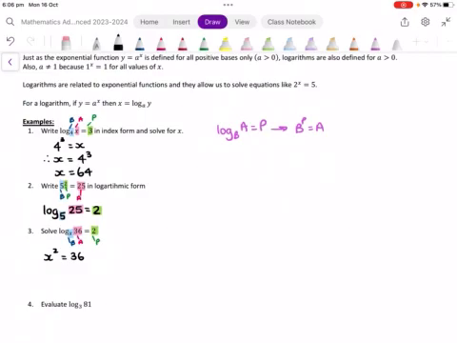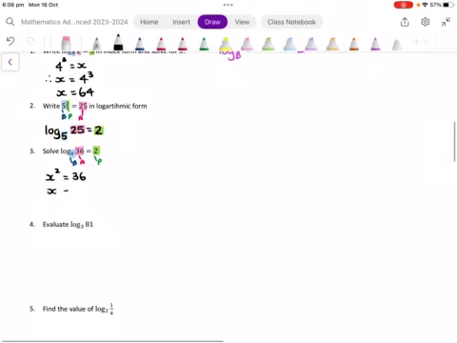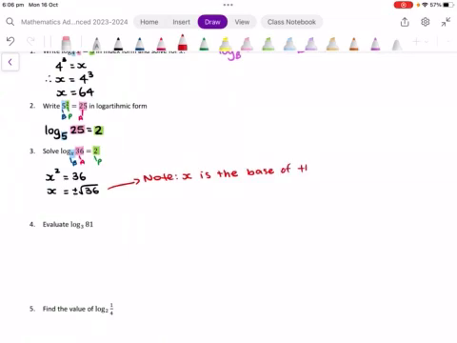Now I just want to solve what x squared equals 36. So that is equal to x equals plus or minus the square root of 36. Now what we must note is that x is the base of the logarithm, and for logarithms our base has to be positive.